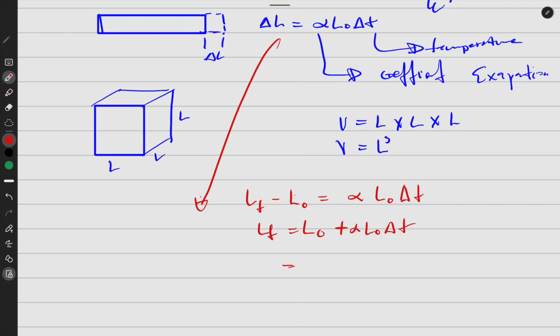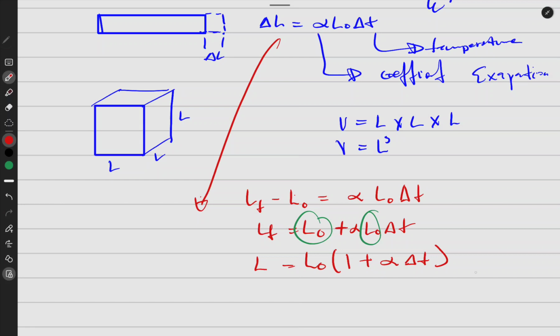We can factor it out, giving L equals L naught times (1 plus alpha change in temperature).